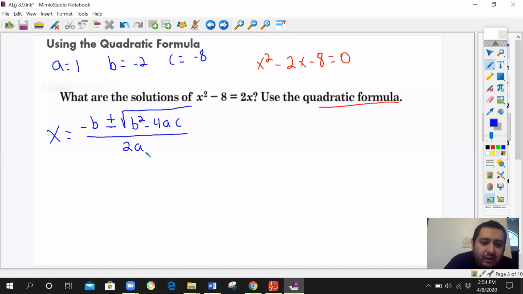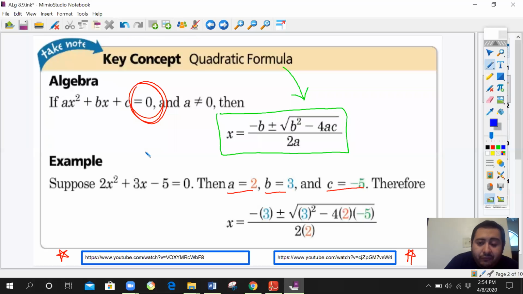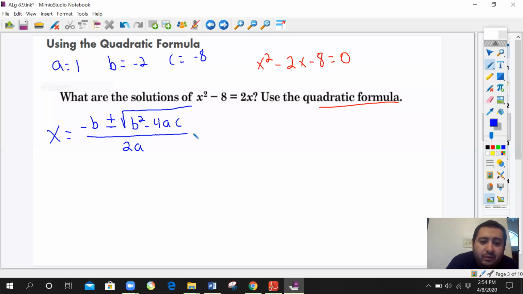Now let's go back to see if I forgot anything. Negative b plus or minus the square root of b squared minus 4ac, all over 2a. Yep. All right, so we have everything here in the formula. Let's go ahead and plug in the values.